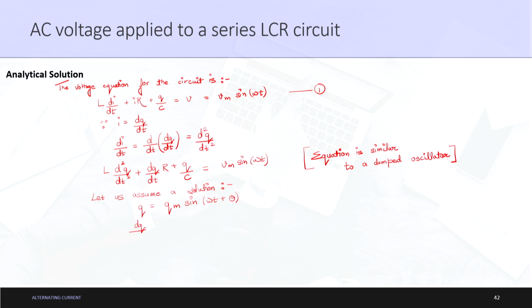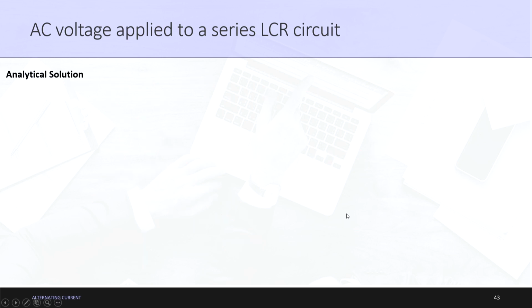Therefore, dq by dt will be equal to qm omega cos of omega t plus theta, and d2q upon dt square is equal to minus qm omega square sin of omega t plus theta, correct. So, I think it is clear till now. Only an assumption is being made in which we are saying that q is equal to qm sin omega t plus theta, fine.